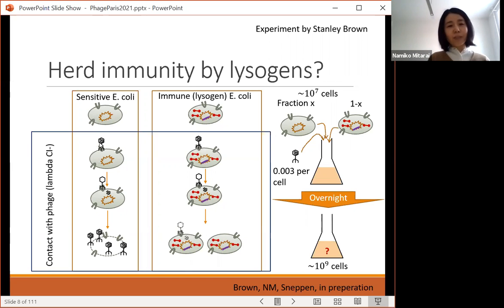But of course, if you put this DNA in the sensitive E. coli, it will express the phage, and then it will kill. And for this phage, we chose a mutant that cannot make new lysogens by itself, so that the number of immune cells does not grow through the infection. Then we mix them and see if sensitive cells will survive.